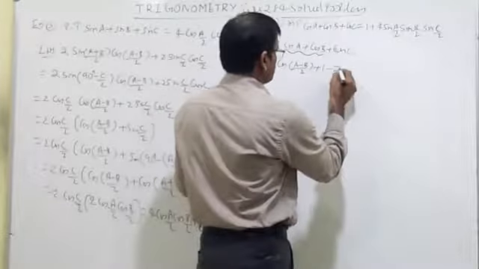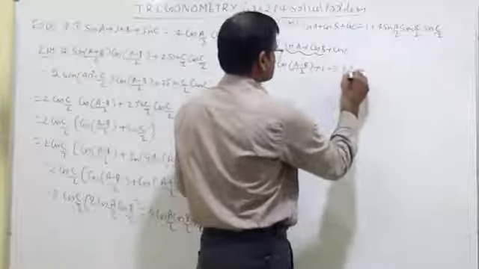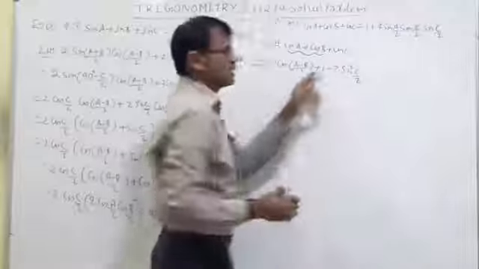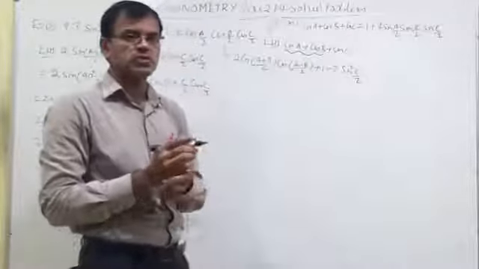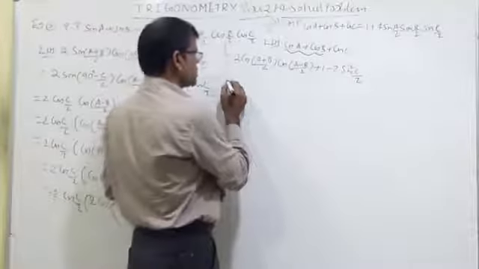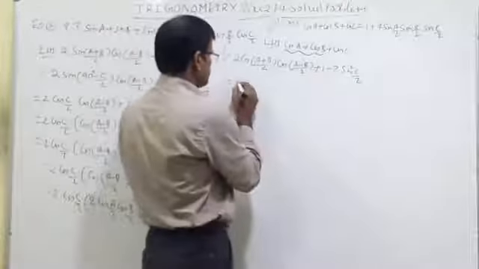Now you can write this as 1 minus 2 sin square C by 2, because plus 1 is there. If there is a minus 1, then you should apply the 2 cos square C by 2 minus 1 formula for cos 2 theta.